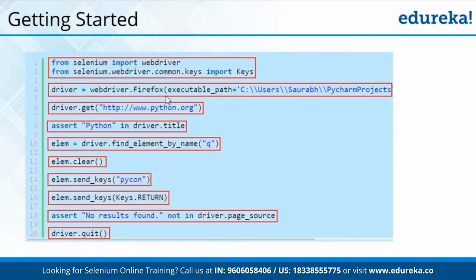So it depends on which browser you are trying to communicate with. You will mention that browser over here. That's it. You do not do a lot of things. If you're changing the URL, you just make the changes over here. See, the script will be similar only. If you're validating a particular application, it would be similar only, right?